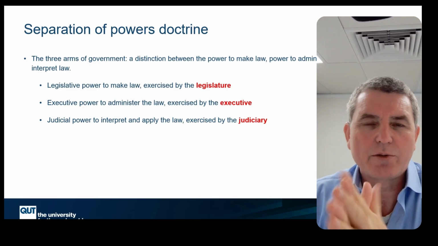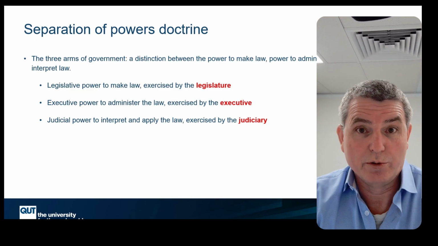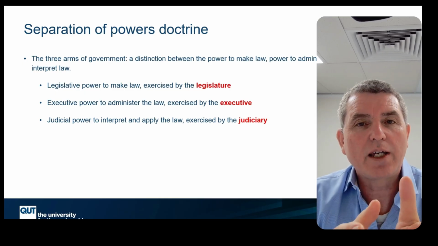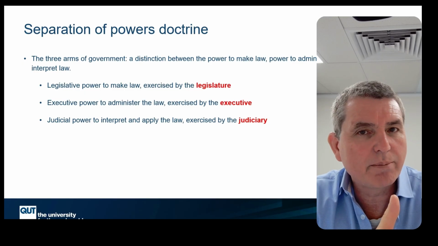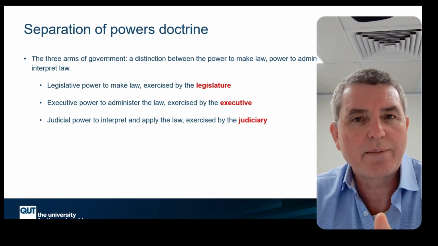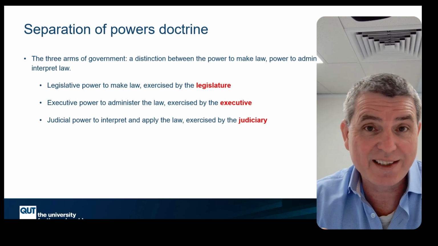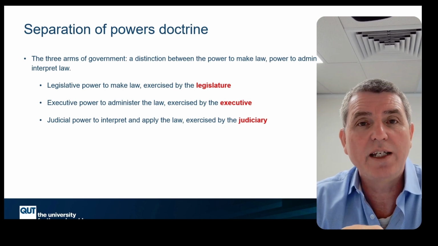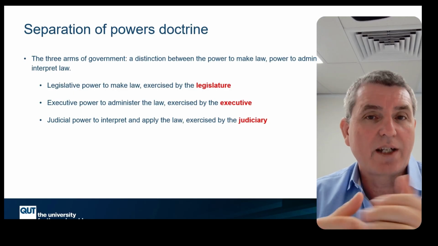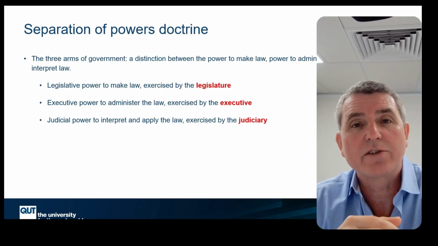So think about it this way. The legislature makes the road rules. For instance, you've got to have a licence if you want to drive. Okay, but how do you get a licence? You don't go to Parliament to get your licence, you go to the Department of Transport. So the Department of Transport puts in place all the kinds of systems and processes we need if people are going to have to follow that law. They administer the law at the Department of Transport, and so you go get your licence.